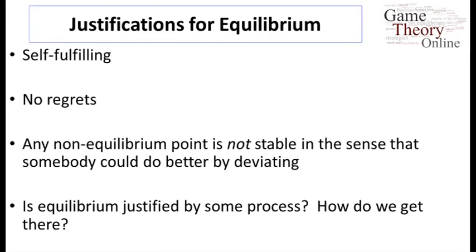Now, of course, when we look at games that have multiple equilibria, it's not obvious how one gets selected versus another, especially if players are not able to communicate or coordinate. It's not always obvious that players completely understand the game or have full rationality or that everybody has the information. So more generally, we'll have to look at understanding processes that might lead to equilibrium.